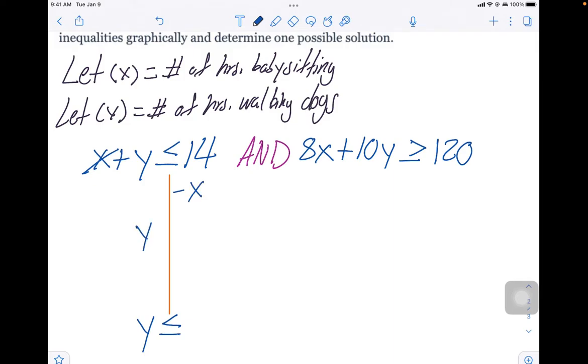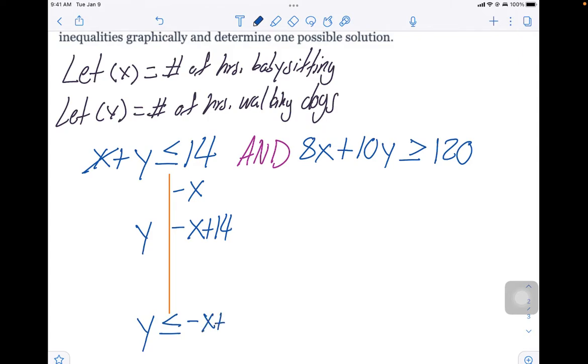So I'm left with Y is less than or equal to negative X plus 14. And look at that, that is my first inequality.